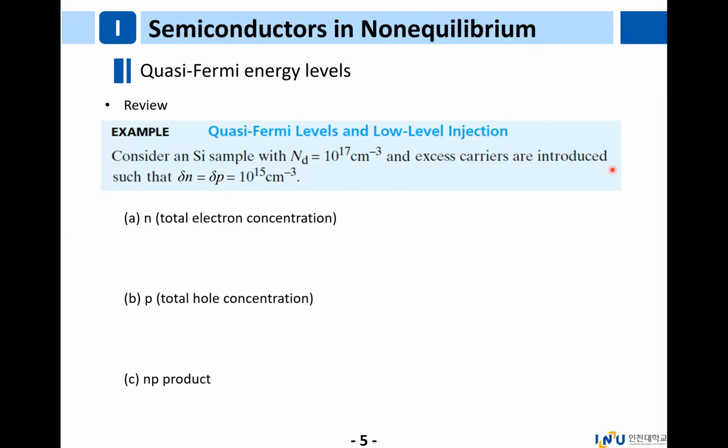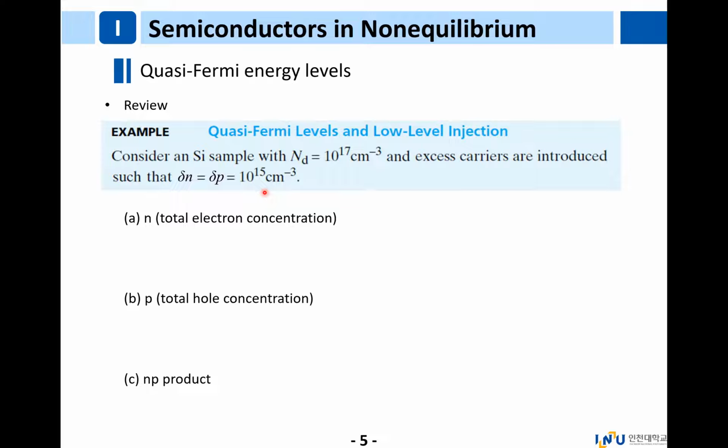The following example is related to the quasi-Fermi level. At this time, let's consider an n-type silicon semiconductor doped with donors at a concentration of 10^17. Additionally, let's assume that excess carriers of 10^15 are generated in this example.